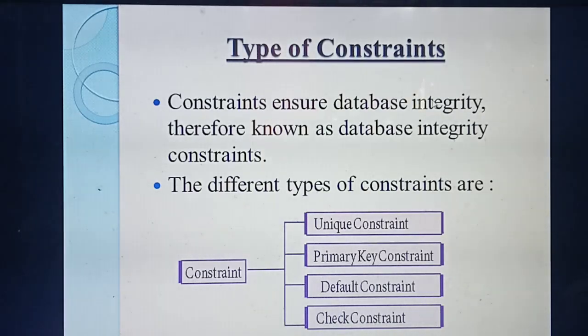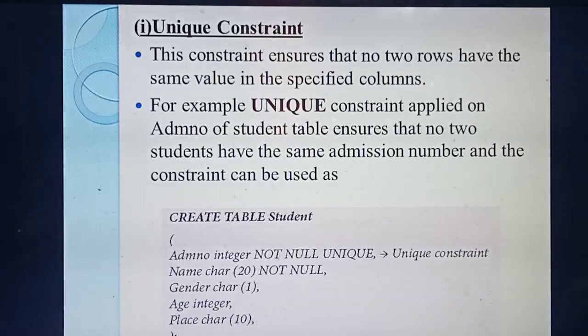What are they? Unique constraint, primary key constraint, default constraint and check constraint. Say, what are the 4 types of constraint? Unique constraint, primary key constraint, default constraint and check constraint. Understand? Yes. Now we are going to study each constraint in detail one by one.